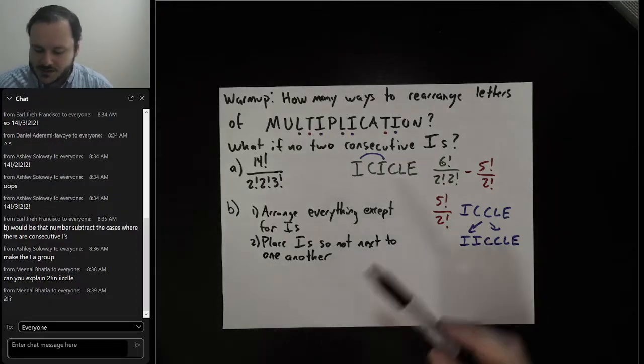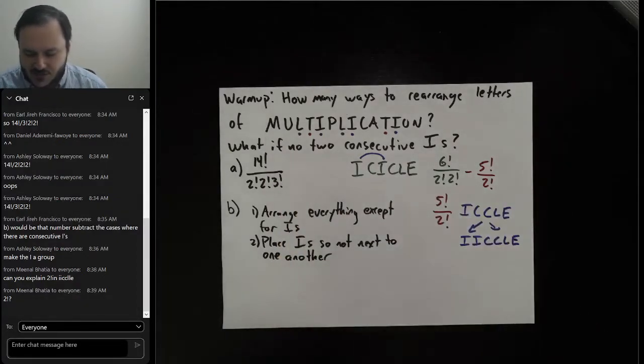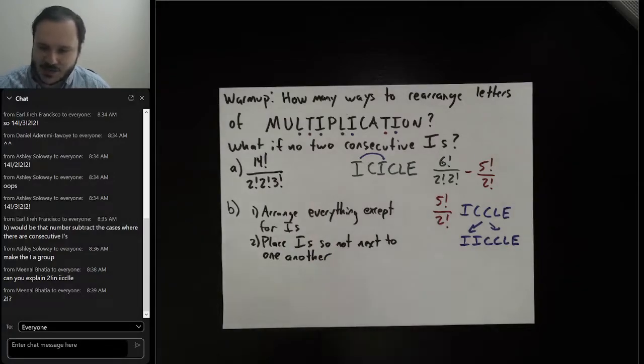So how many ways do I have of rearranging the letters of multiplication, not including the I's? In other words, how many ways do I have of doing step 1?